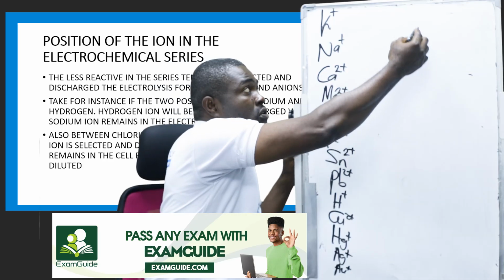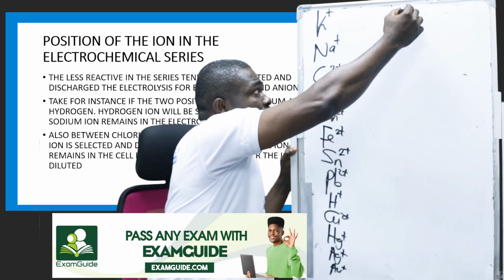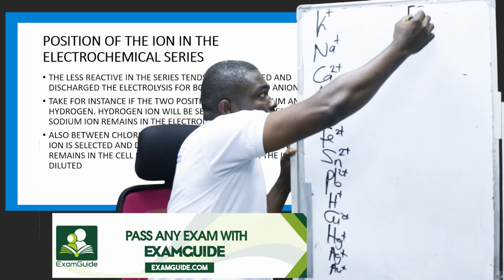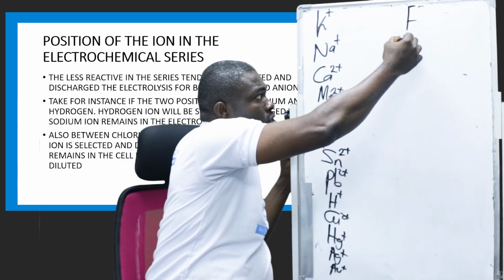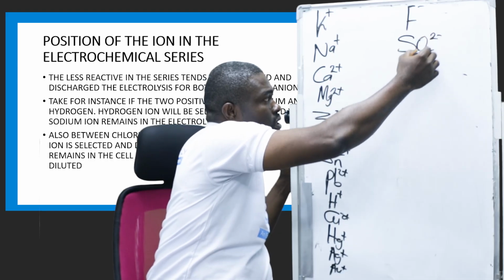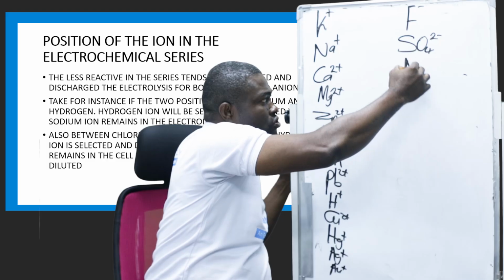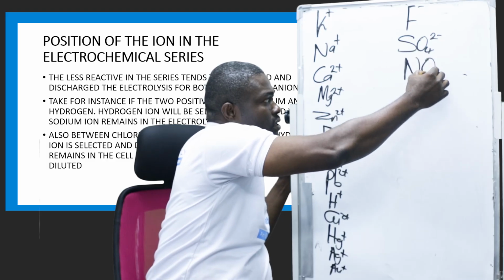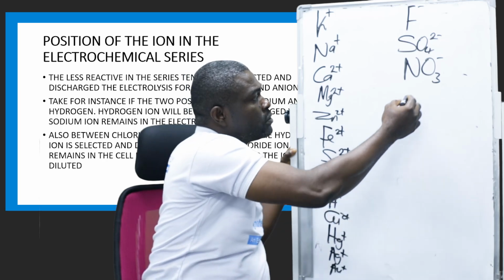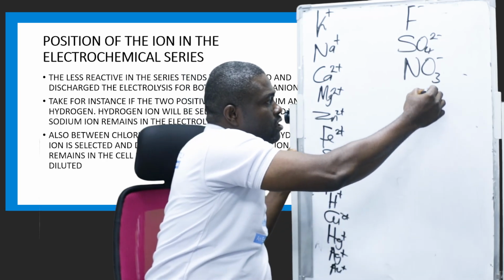Now, the negative ones, we have fluorine, which is the most reactive. Sulfate ion, SO4 2 minus. Nitrate ion, NO3 minus. Chloride ion, Cl minus.